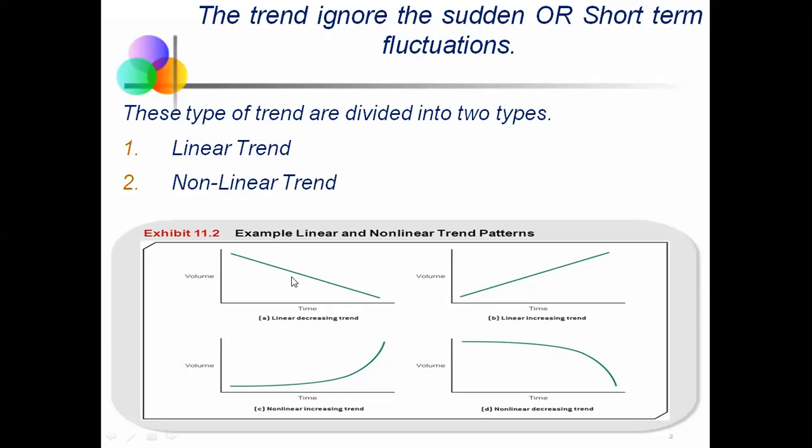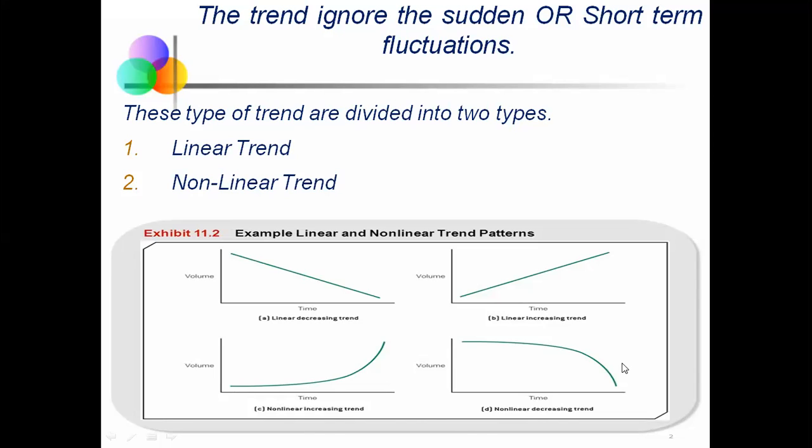For example, if you observe these two graphs, in the first one you can observe this is a downward trend, this is an upward trend. Am I right? If you observe this one, this is a non-linear trend, nothing but which is not a straight line.